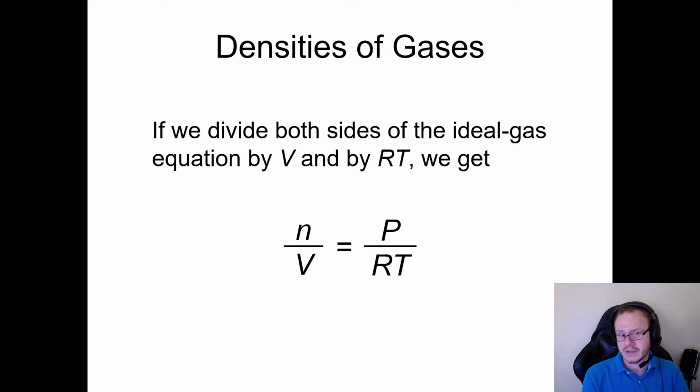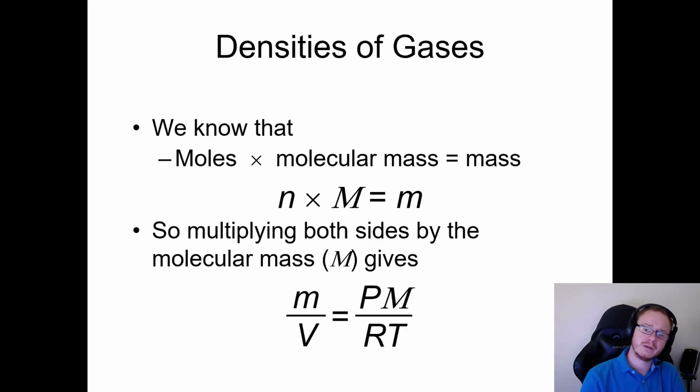To get to density, if we divide both sides of the equation by volume and by RT, we end up getting n over V equals P over RT. Why do I want that? Well, if I recall some slightly older information, for example, molar mass: the number of moles of a sample times its molar mass is going to tell us how many grams of that sample we have.